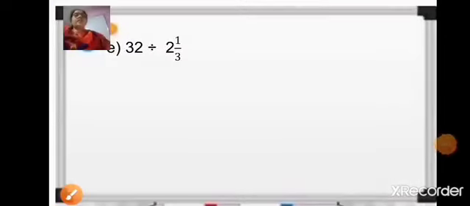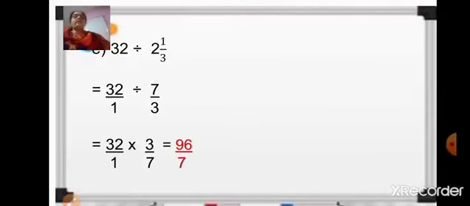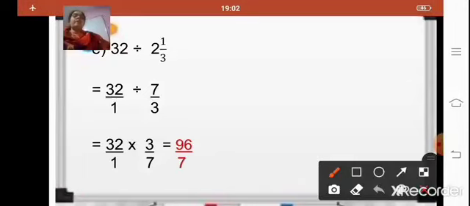Just check in this slide. I have shown you the working again. Yes, 32 divided by 2 whole 1 upon 3. 32 upon 1 divided by, when you change this 2 whole 1 upon 3 into improper, it becomes 7 upon 3. Now change the division sign to multiplication. So 32 upon 1 into 3 upon 7. So that will be 96 upon 7.